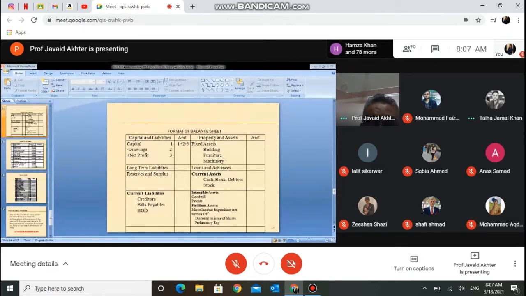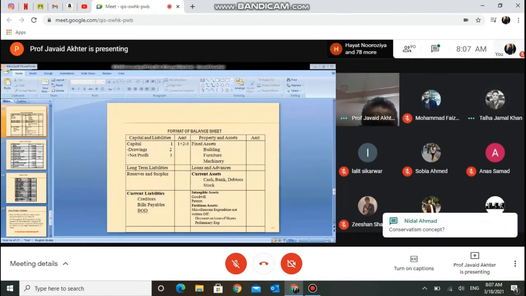Asset, sir. So it is capital. Capital, sir, because you need to repay it to the owner.